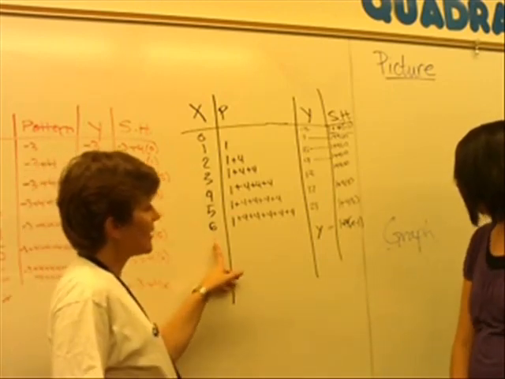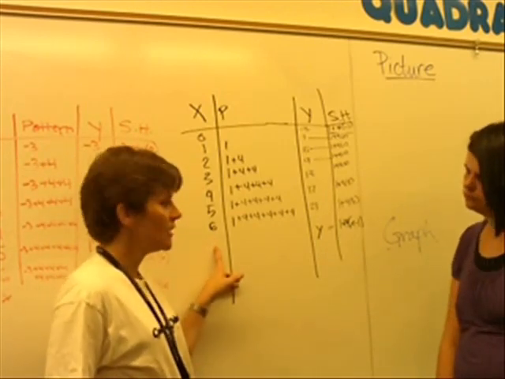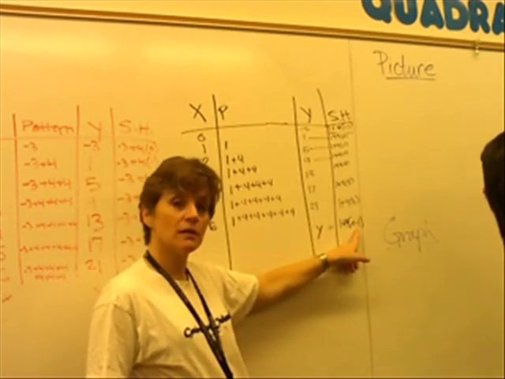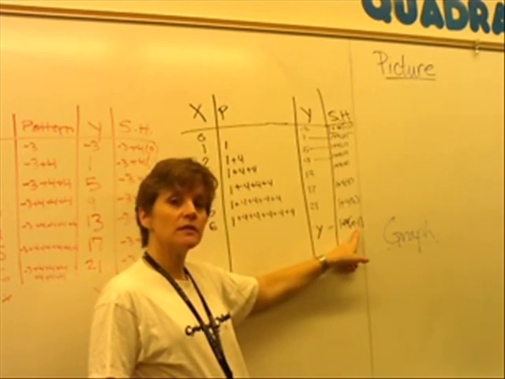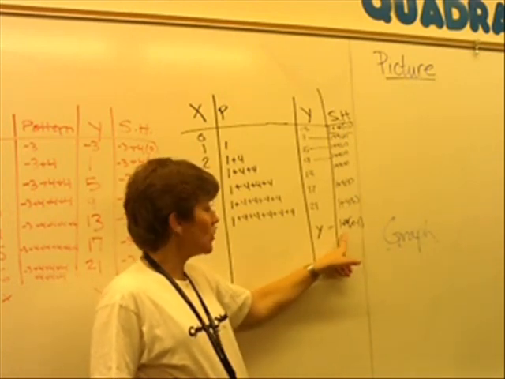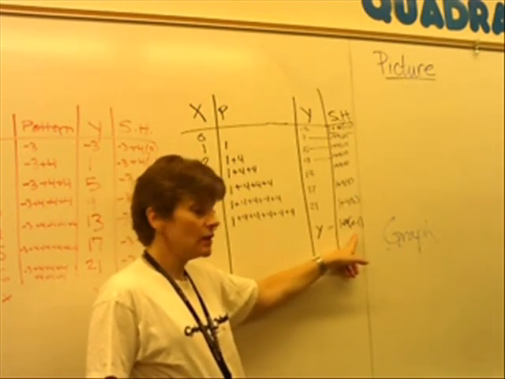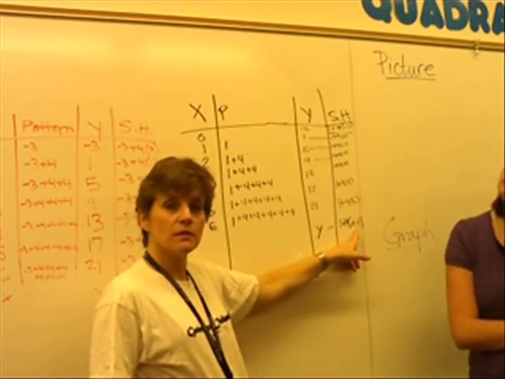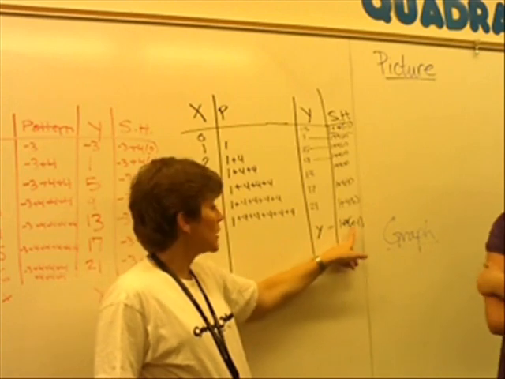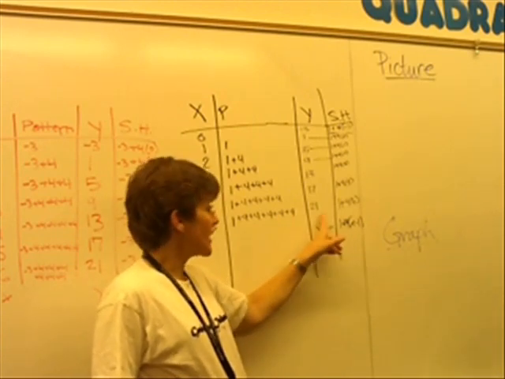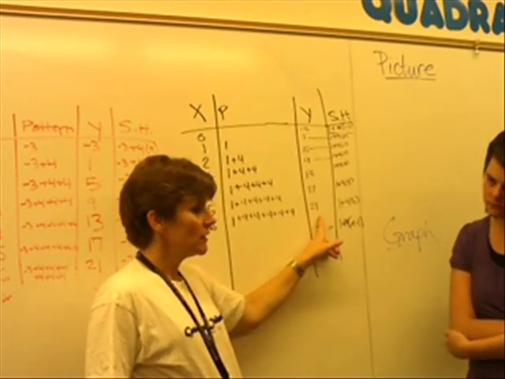If we had 7 right here, what would this number be? 7 minus 1 is 6. So would that work in here? What's 4 times 6? 24. Plus 1 is? 25. Does that work? Yeah, it does.